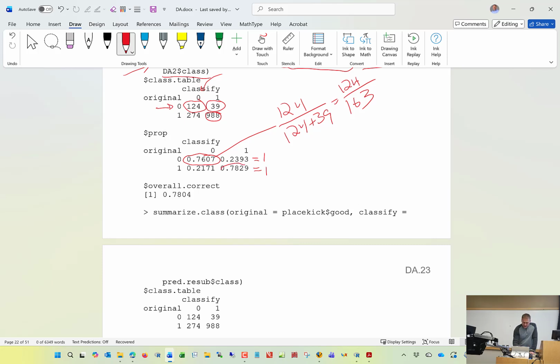The accuracy for the successes is 78%. The overall correct percentage is 78%. So that is, 124 plus 988 over 124 plus 988 plus 39 plus 274.